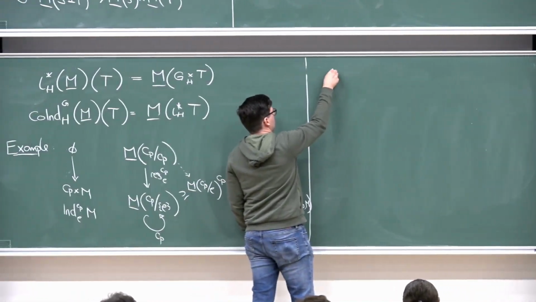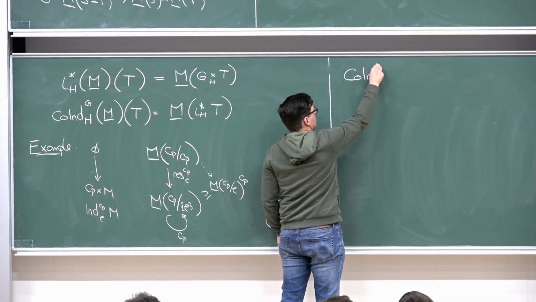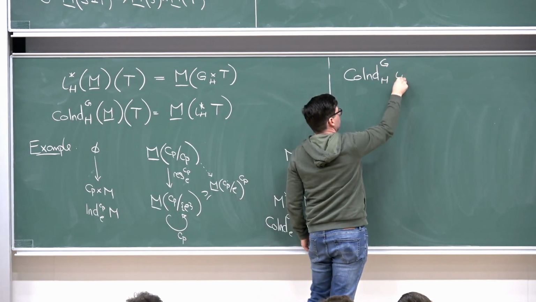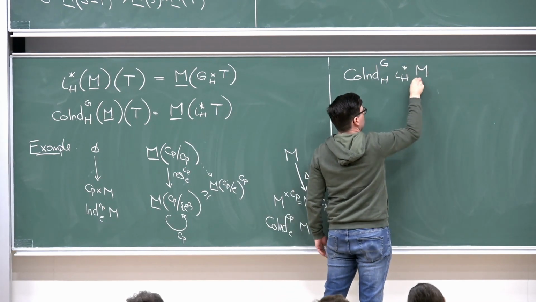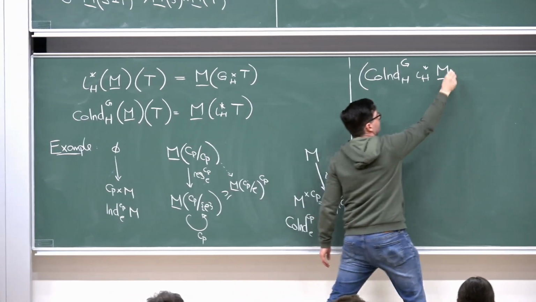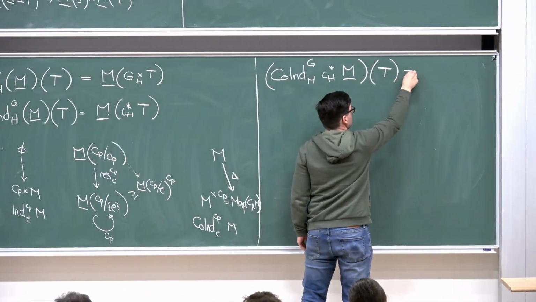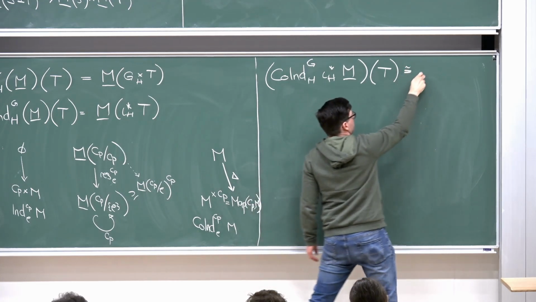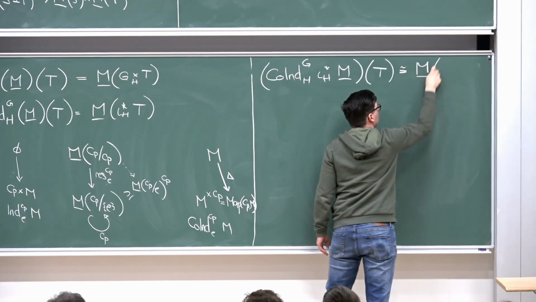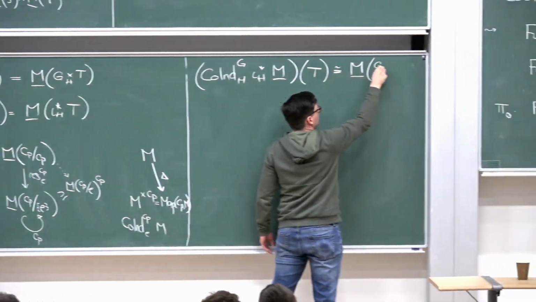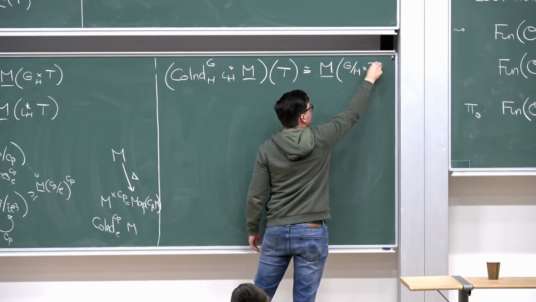So I can take this and induce back up the restriction. And this actually has a really nice formula to write it down. This is just, you take M and you evaluate it on G mod H cross T.